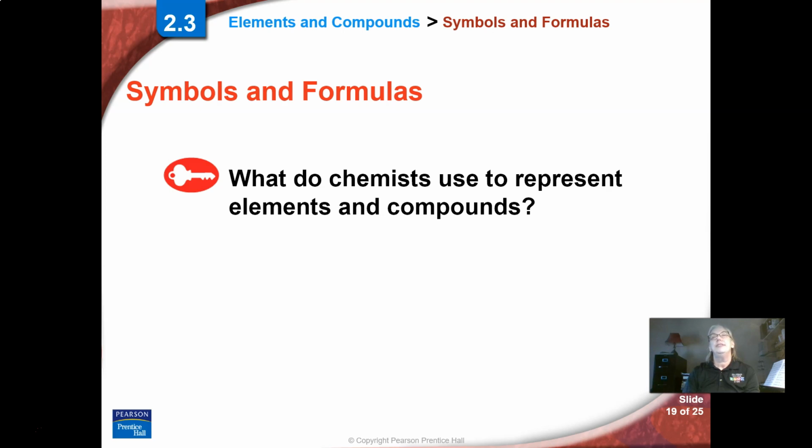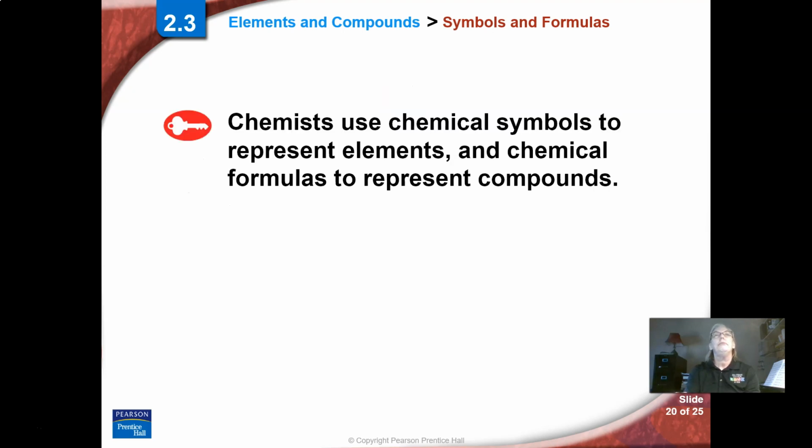But you'll get used to the symbols after a while, so you don't have to hunt and peck too much on the periodic table to find them. So we use symbols to represent elements, and we use formulas to represent compounds. The chemical symbols are kind of like letters in the alphabet, and formulas are kind of like a word. So we put element symbols together to make a formula.